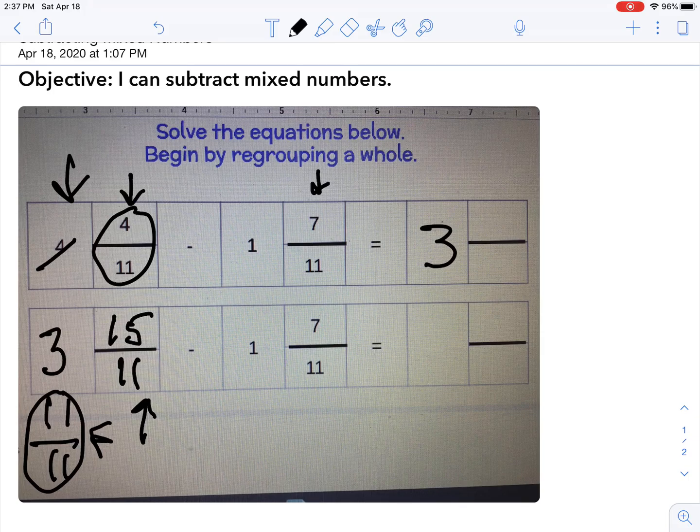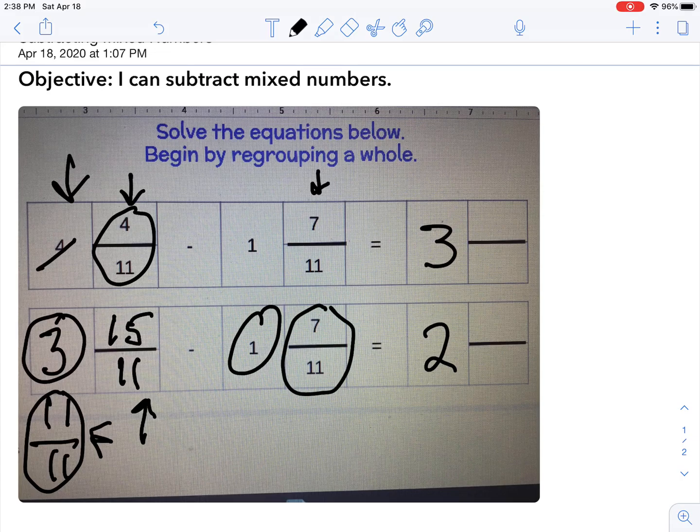All right. So now same steps as when adding mixed numbers. You deal with the whole numbers first. So now you do 3 minus 1 is 2. And now I can subtract my fractions because I can take 7 over 11 from 15 over 11. And I get 8 over 11. All right. So there's your answer.